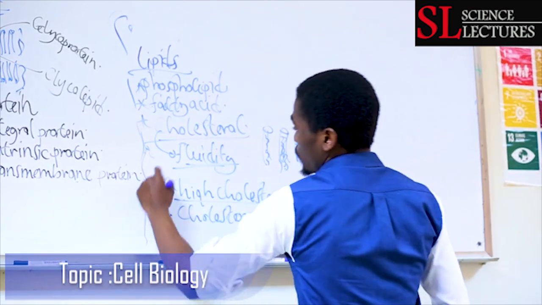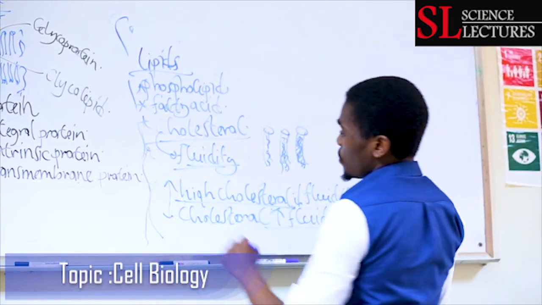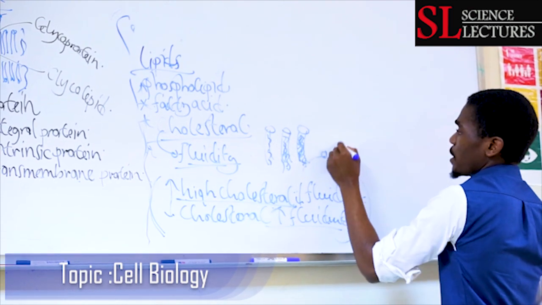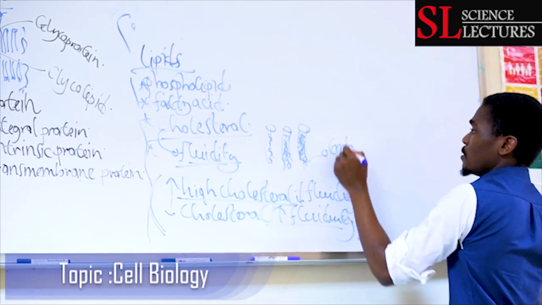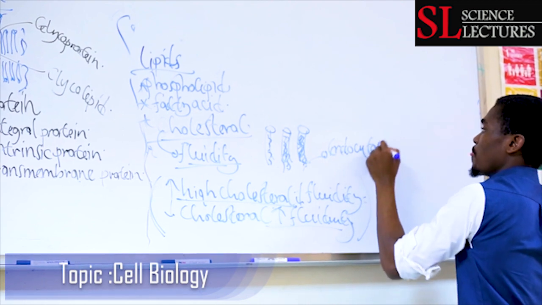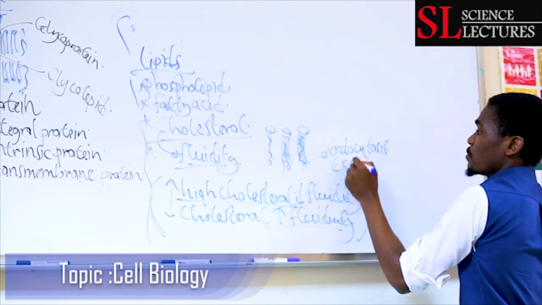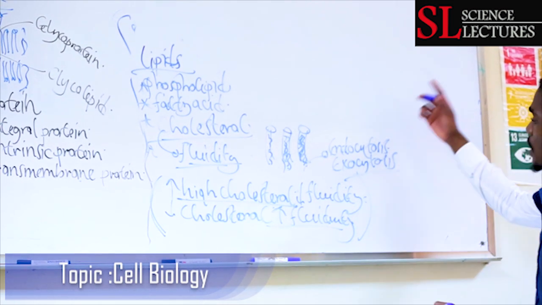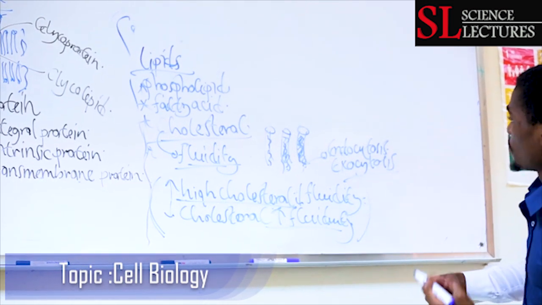But why is fluidity of the membrane also important? We can think of processes like endocytosis and exocytosis. When we have endocytosis and exocytosis, the membrane will pinch.